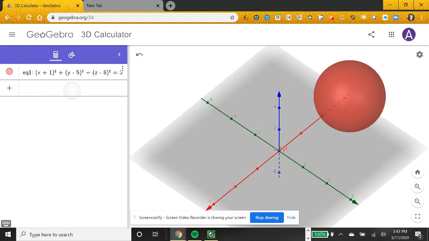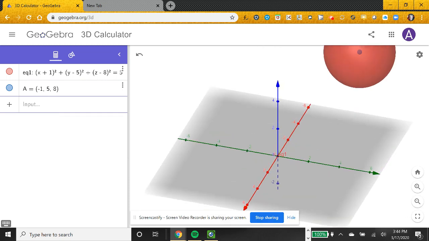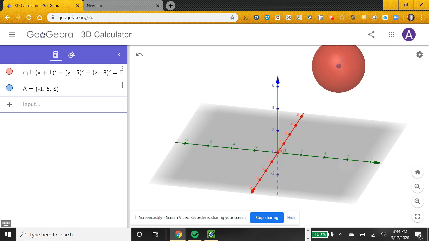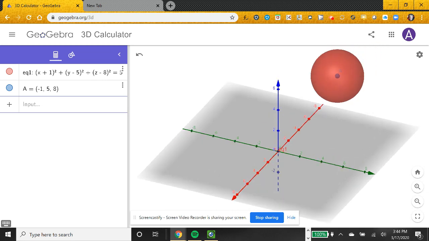So let's put the center in just to see what happens when I want to look at the center. The center we said was -1, 5, 8. And there it is. There's the center. Everybody see the center? Pretty neat. I can zoom in a little bit more here so we can see it on the screen.